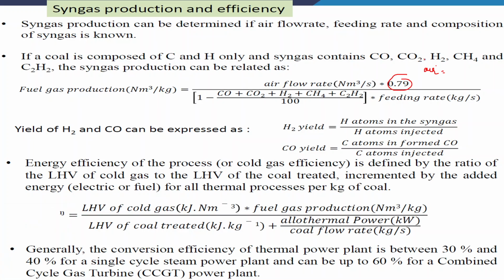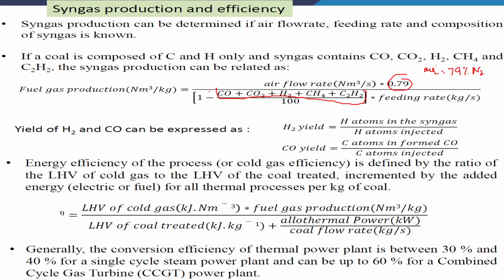As we know, we have considered that air consists of 79% nitrogen. So here we have taken the airflow rate, that is the amount of nitrogen in the air, shown by airflow rate into 0.79, and this is divided by 100 minus the content of carbon monoxide, carbon dioxide, hydrogen, methane, and C2H2, which shows that we are excluding all other components which do not contain nitrogen.